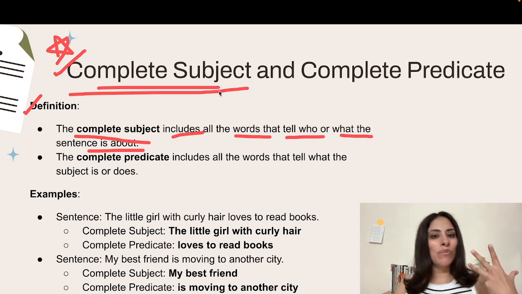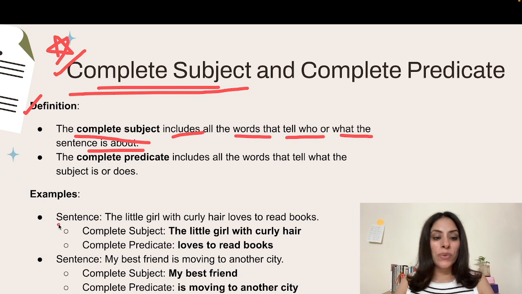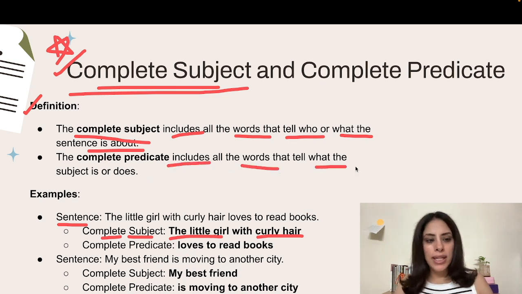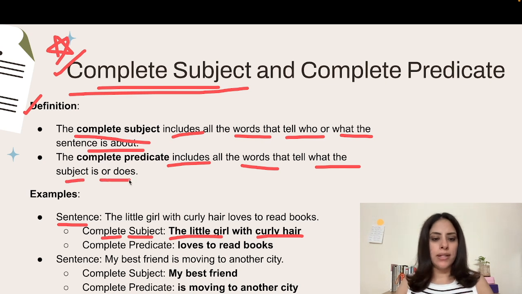It gives the most clarity to the reader, as much as one can get. So let's read how. The complete subject would be the little girl with curly hair. Okay, so instead of using a girl's name, we talked about everything about her, the little girl with curly hair. And then the complete predicate includes all the words that tell what the subject is or does.